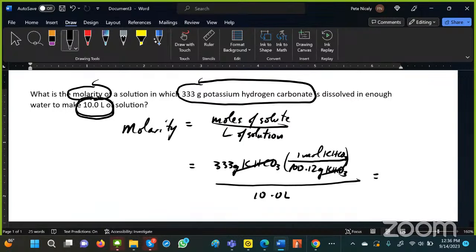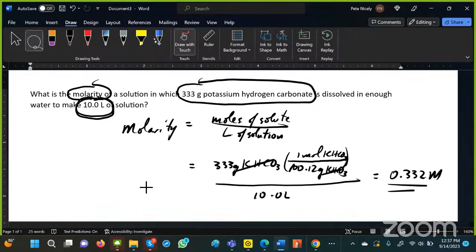According to my calculations, this works out to be, rounded off to 3 sig figs, 0.332 M. All right. Any questions about this? Okay, so that's a relatively simple example. I think the others are a bit more complicated.